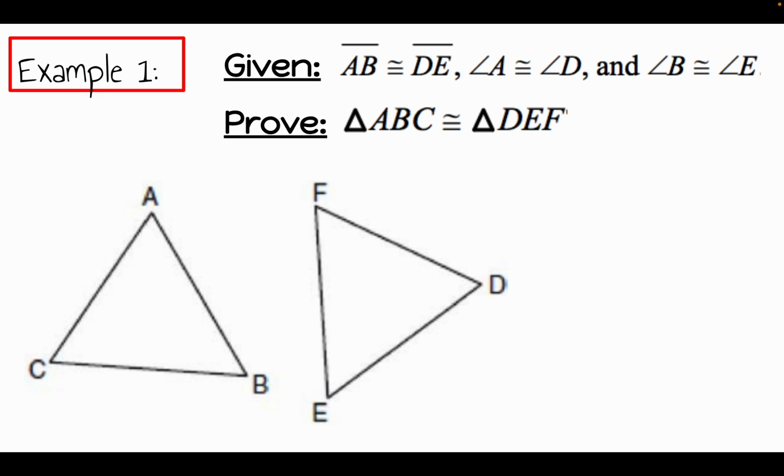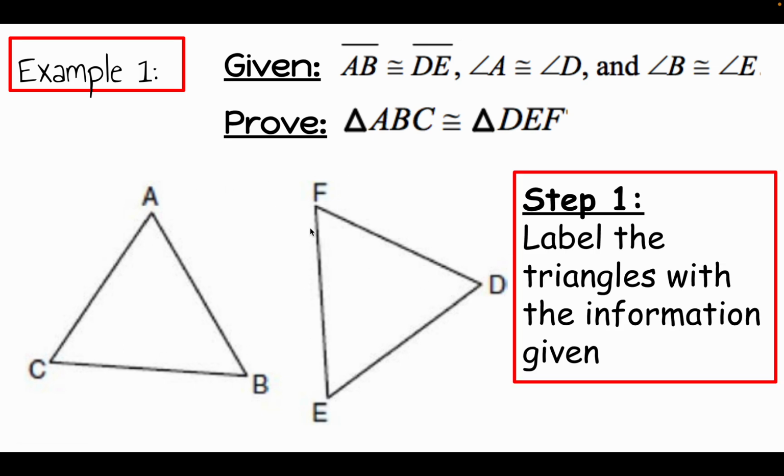Example 1. Flip the page. Given AB is congruent to DE, and you can annotate on your paper as I read. Given that AB is congruent to DE, angle A is congruent to angle D, and angle B is congruent to angle E, prove that triangle ABC is congruent to DEF.